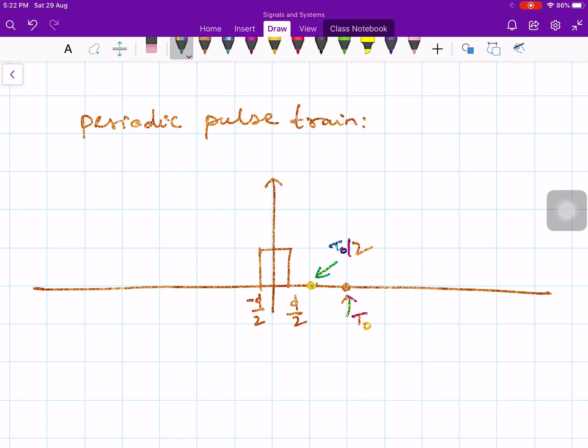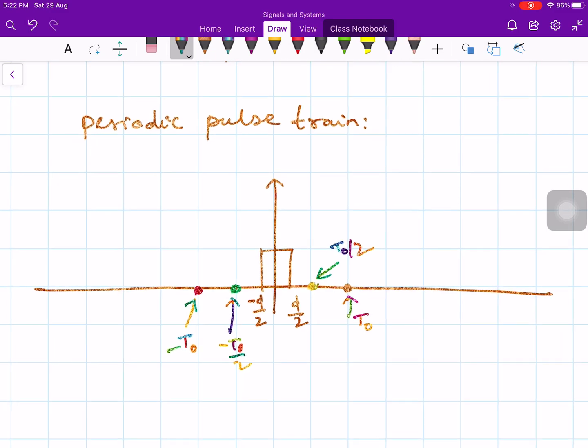Similarly, this point is minus t naught by 2 and this is minus t naught. So at minus t naught again I have one more pulse like this, and at t naught again, like this, and this one is t naught by 2.